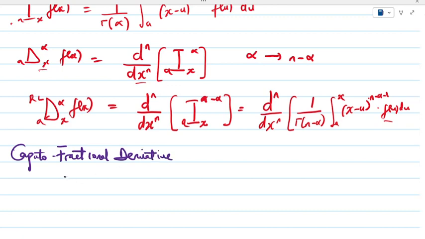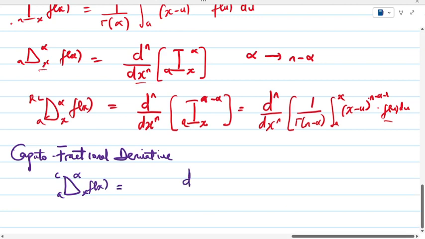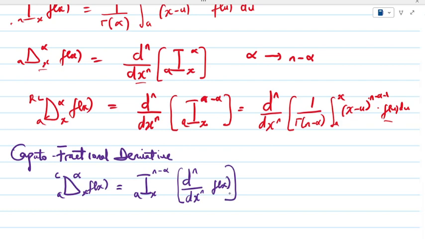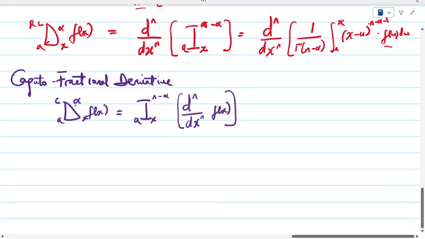This man is of the opinion that we should first find the differentiation of the function, then we can later find the integration. So that's just a slight difference between the Caputo fractional derivative and the Riemann-Liouville fractional derivative. So let's take this example and see the best out of these two formulas.